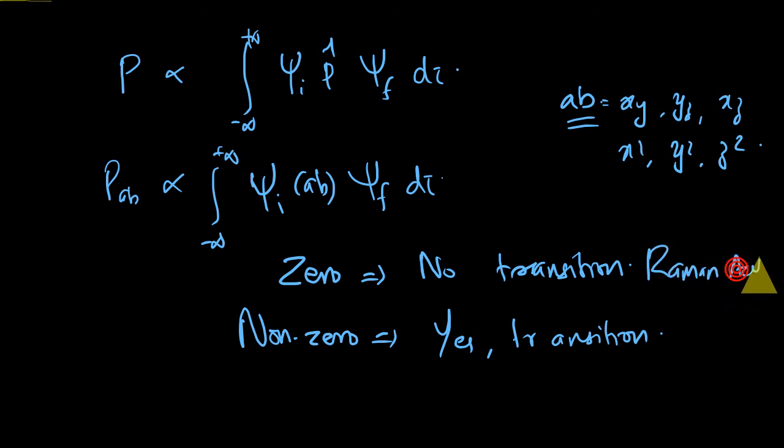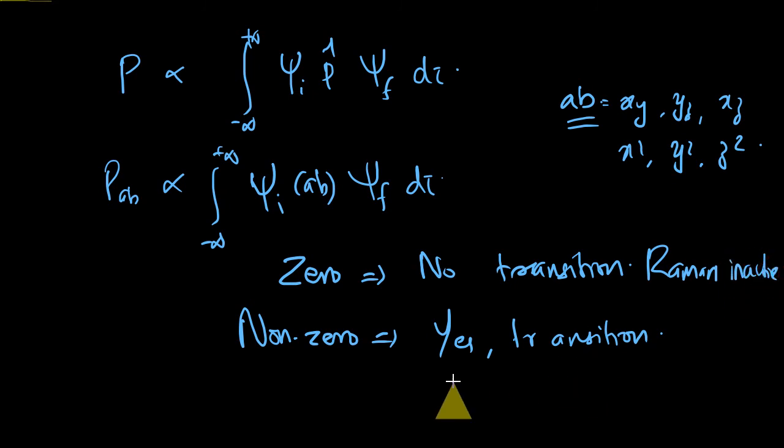If there is no transition, it means that it is Raman inactive. If it is 0, it is Raman inactive.